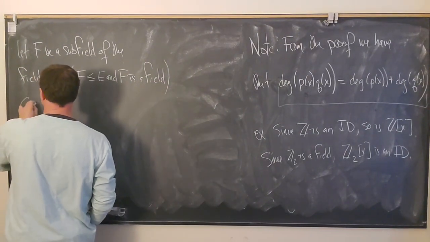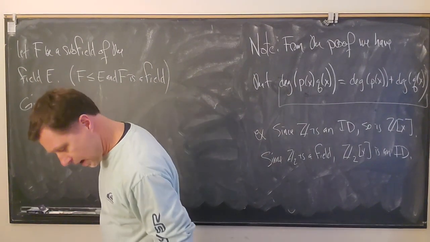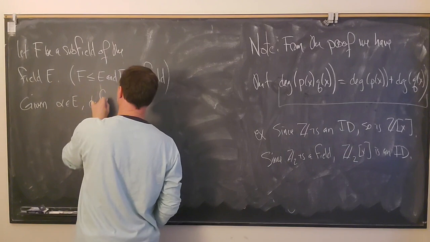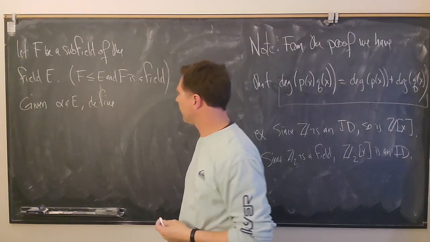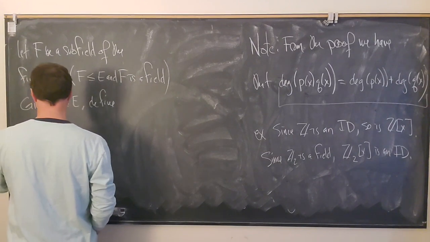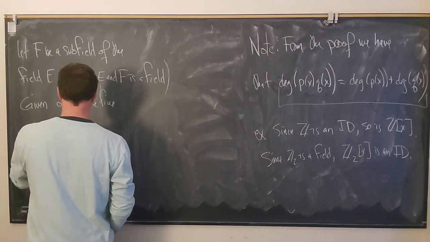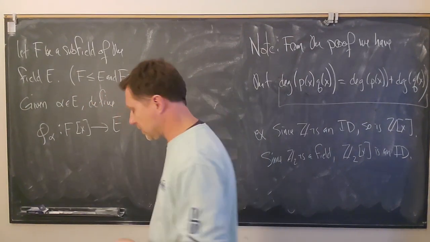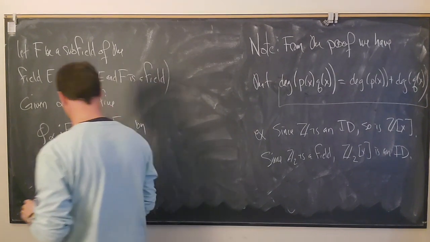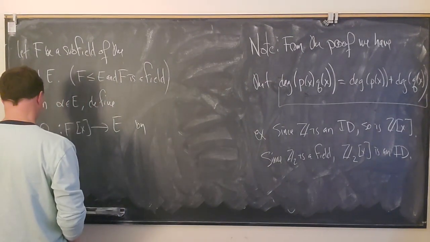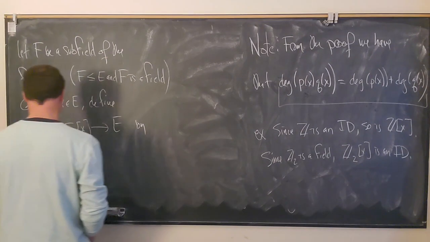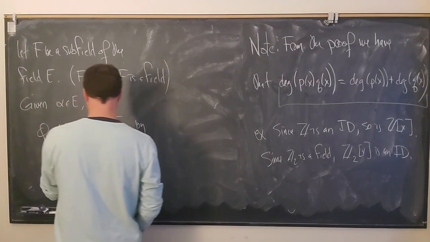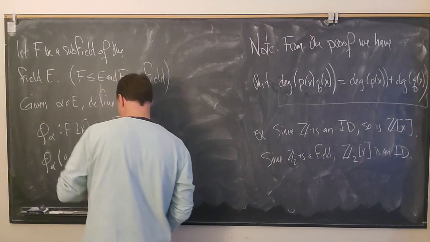Now, given some element, let's call it alpha, in capital E, what I want to do is define a function here. So this function phi sub alpha is going to go from F bracket x to E, and the way we define it is going to be by phi sub alpha of the polynomial a0 plus a1x plus dot dot dot plus a sub n x to the n.